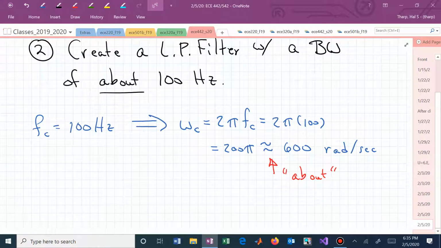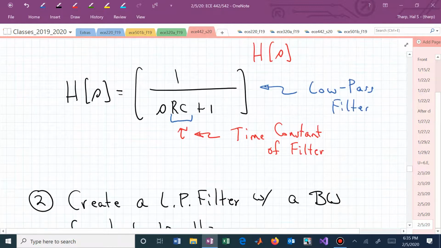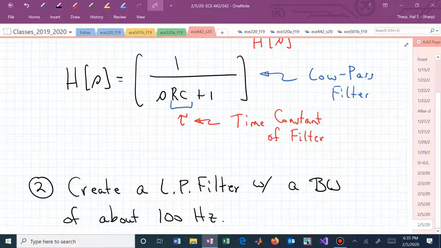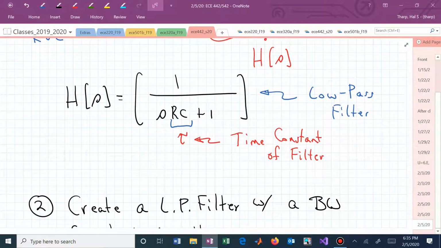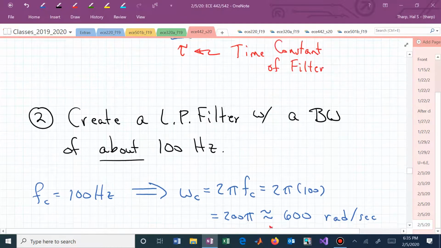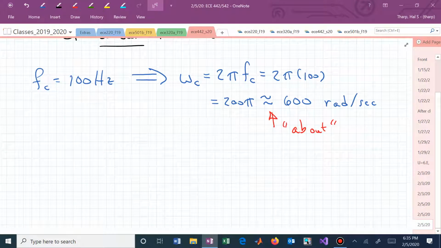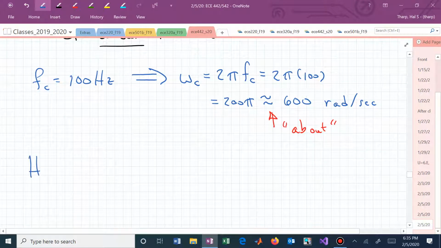What's our denominator in this filter now? We now have an omega c, we have an SRC. What? Oh, man. How do we put these together?